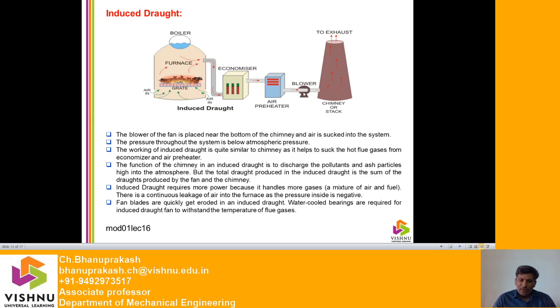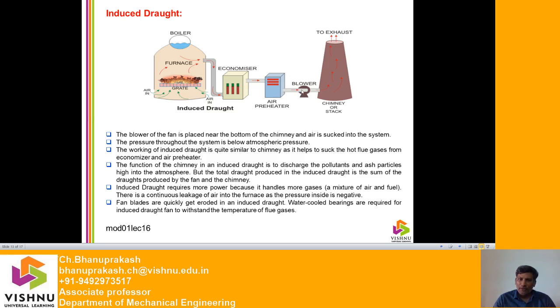In the induced draught fan, the blower's fan blades are quickly eroded, because the gases coming in and taken by this blower are very hot. Due to that reason, the blades may get eroded. So water cooled bearings are required for the induced draught fan to withstand the temperature of the flue gases.